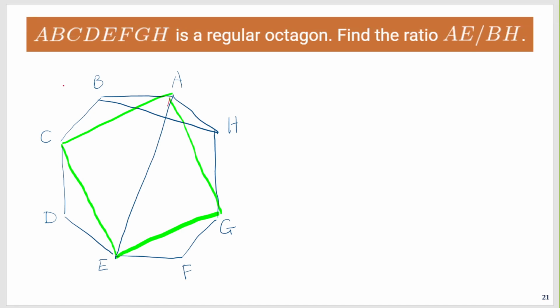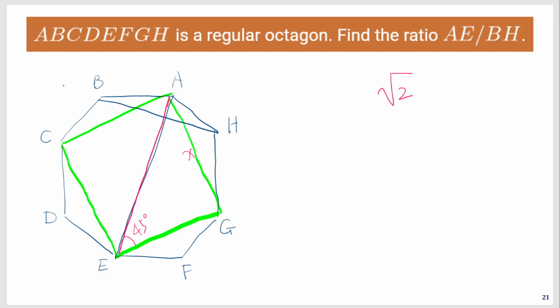So basically you are trying to find the ratio between a diagonal of a square to one of its sides, right? We know that ratio is square root 2, right? Because this angle is 45 degrees.